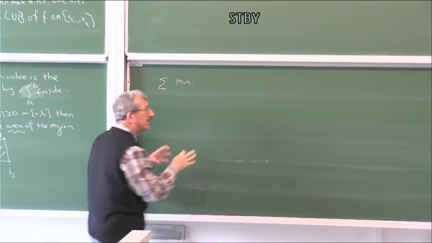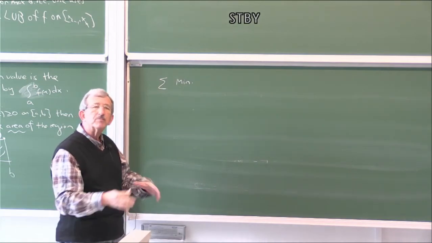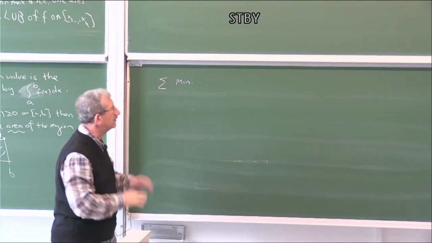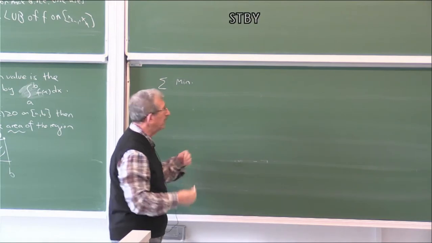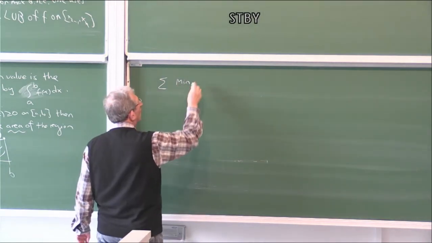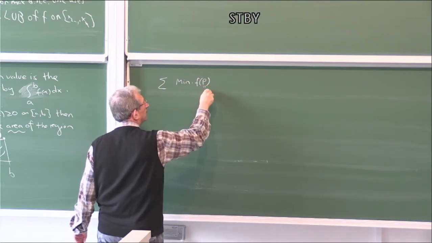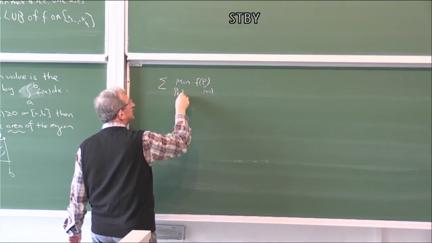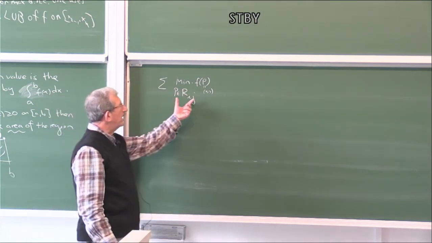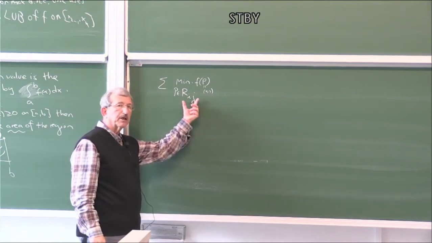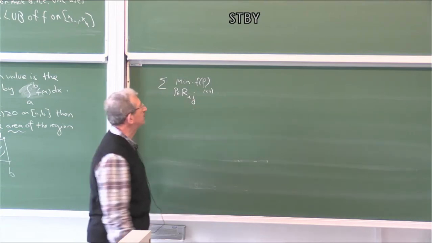If the minimum does not exist, we can again pass to the greatest lower bound version, but we will not consider that generality. You can assume f is continuous, for instance, to understand it better and make it simpler. The minimum of f of p, here p is xy, such that p is in the rectangle Rij. Well, Rij is a closed and bounded subset of R2, so if f is continuous, it will have a minimum. If not, take the greatest lower bound.